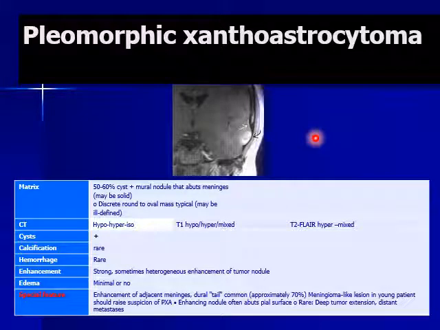It can be seen with other tumors that touch the meninges. If you see a meningioma-like lesion like this without cyst and dural tail in a young adult, you should think that it may be PXA. Okay? So keep in mind that PXA may be associated with dural tail enhancement.